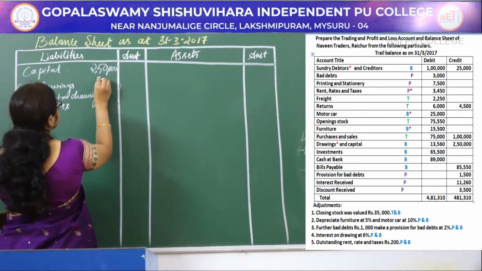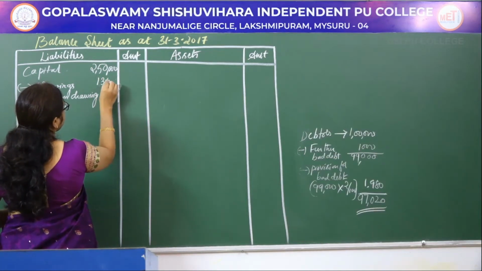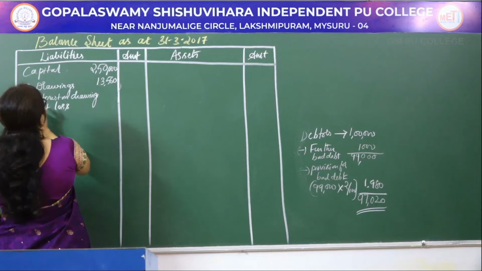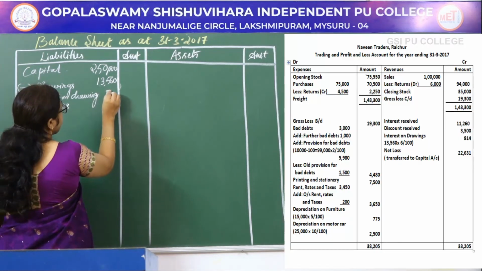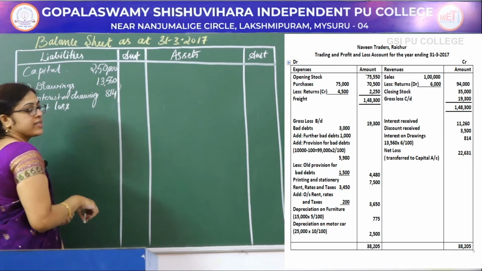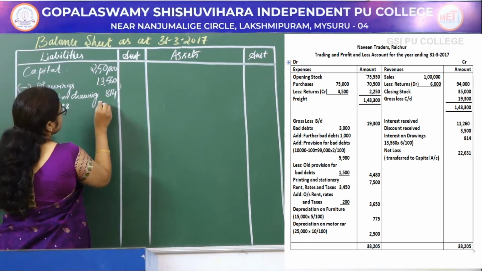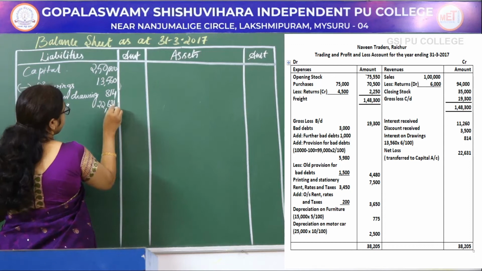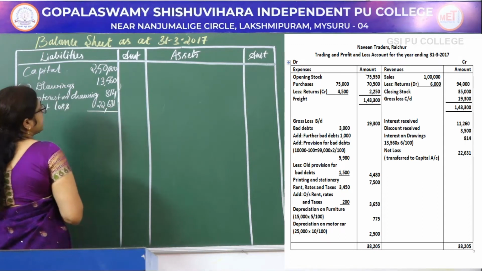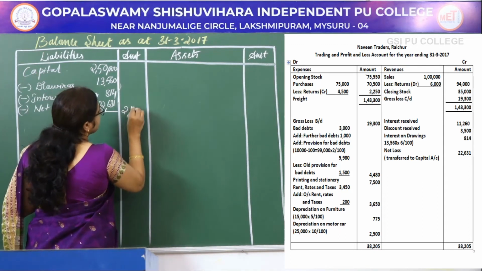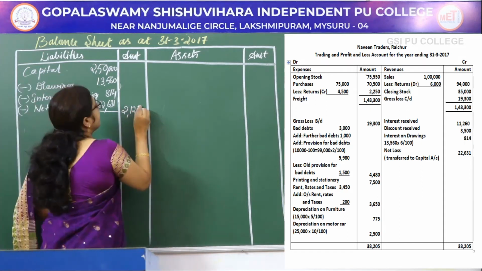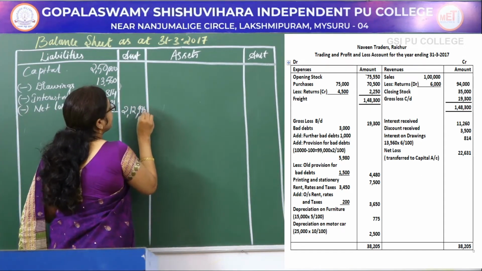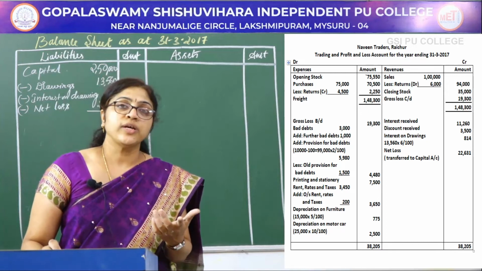First less drawings 13,560, then less interest on drawings 814 rupees. Next less net loss 22,631. So after deducting 2,12,995.